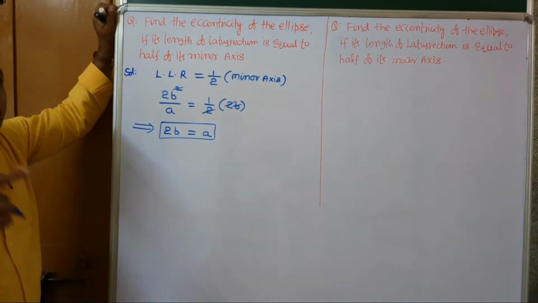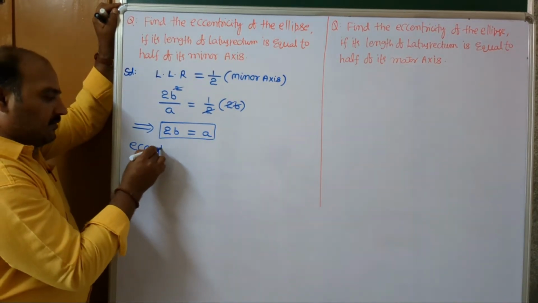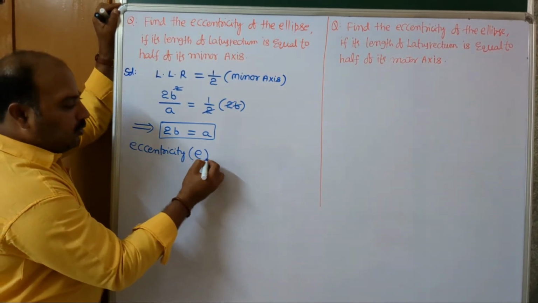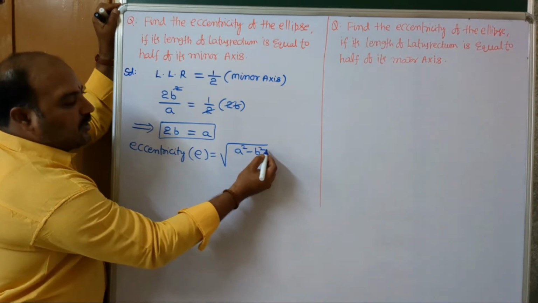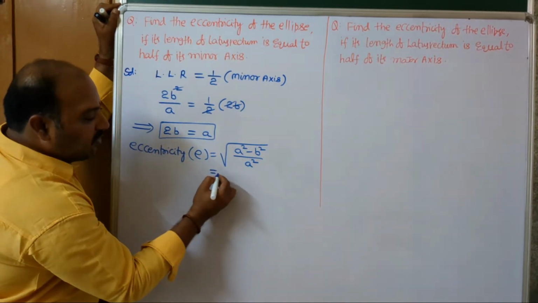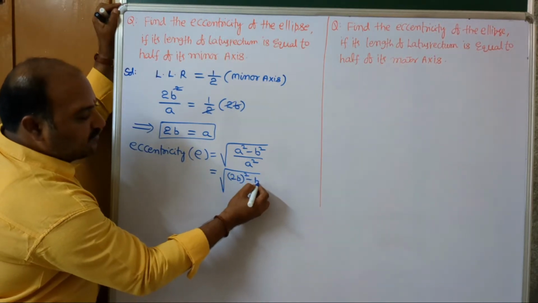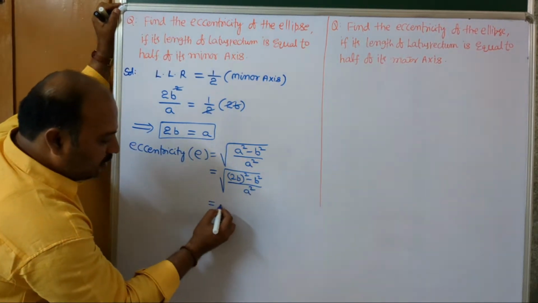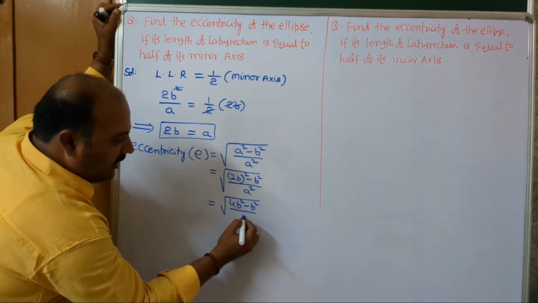So what is the formula to find the eccentricity? e equals square root of (a square minus b square) divided by a square. a value is 2b only, no? So root of (2b whole square minus b square) by a square, that is equal to root of (4b square minus b square) by a square.